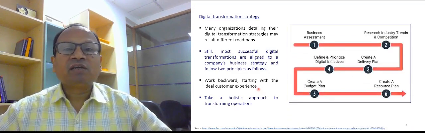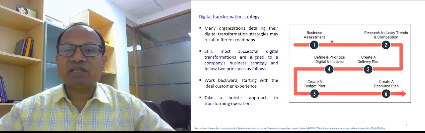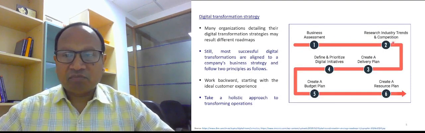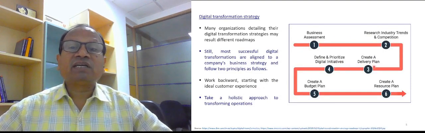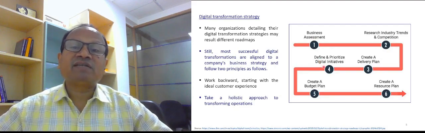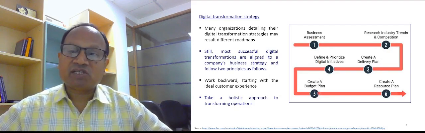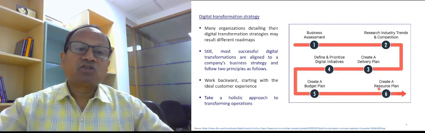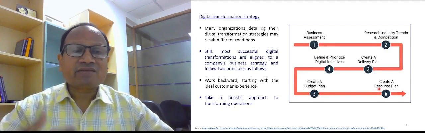So as you can see, business assessment starts with researching industry trends and competition, which you have to study. Then create a delivery plan, define and prioritize digital initiatives, create a budget plan, and create a resource plan. So this is generally the strategic path in digital transformation.